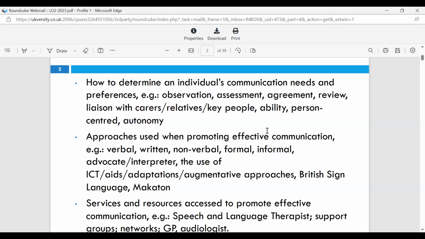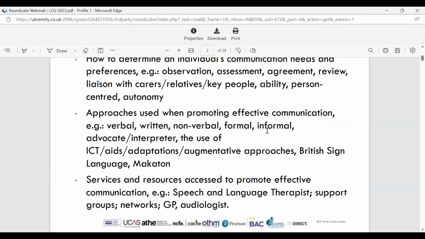And we're going to be looking at approaches used when promoting effective communication: verbal, written, non-verbal, formal, informal, advocate, interpretation, the use of ICT aids, adaptations, augmentative approaches, British Sign Language, and Makaton, services and resources to promote effective communication, speech and language therapists, support groups, networks, and audiologists.